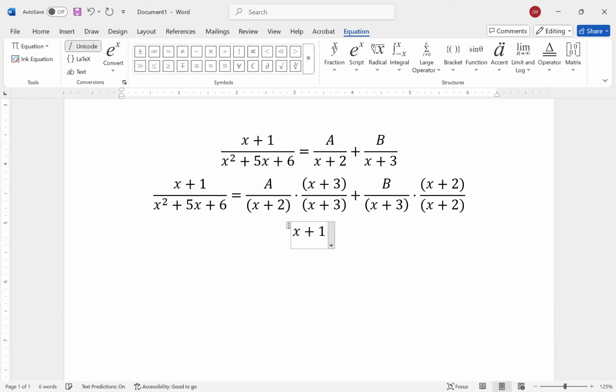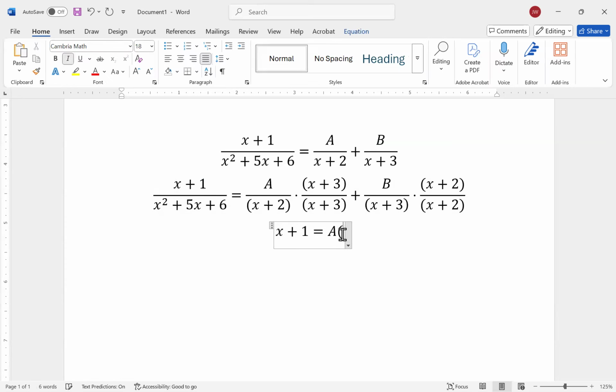The x plus 1 that I have on the left-hand side here has to be equal to a times x plus 3 plus b times x plus 2. So basically, if the fractions have the same denominators, then the numerators have to be equal.